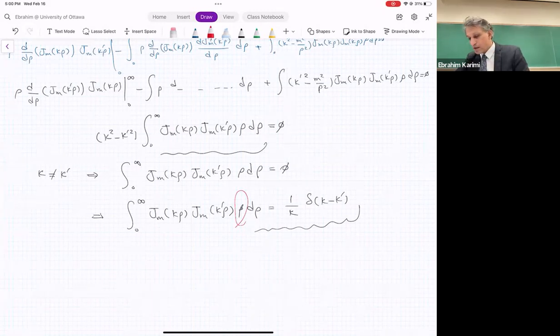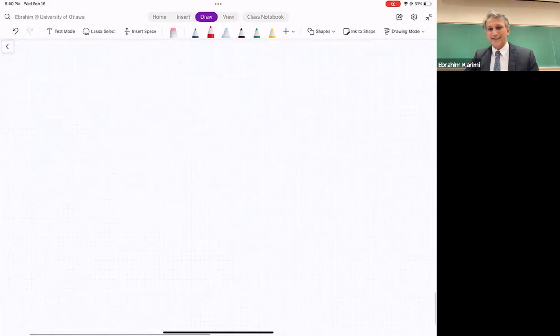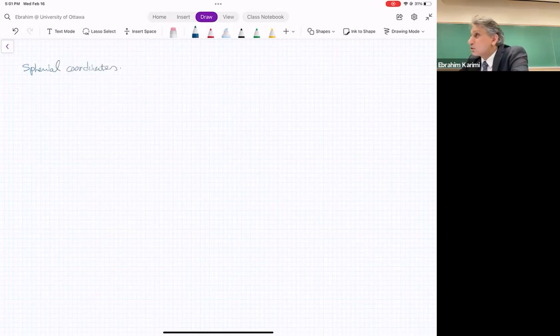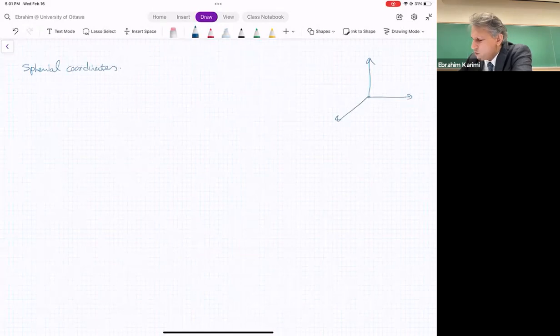All right. Now let's go to cylindrical coordinates. Sorry, spherical coordinates. So in spherical coordinates, what we have instead is not rho and theta, but we have r, we have phi, which is this angle, and we have theta.